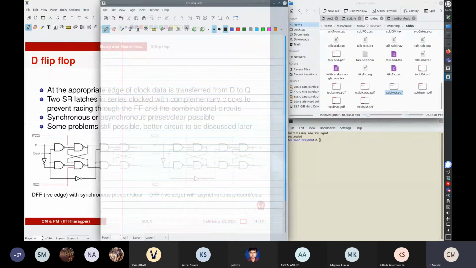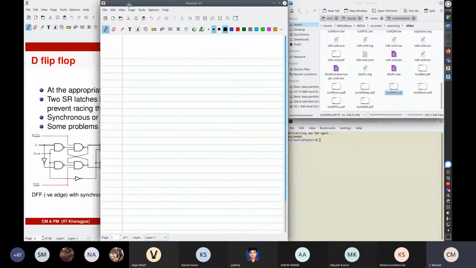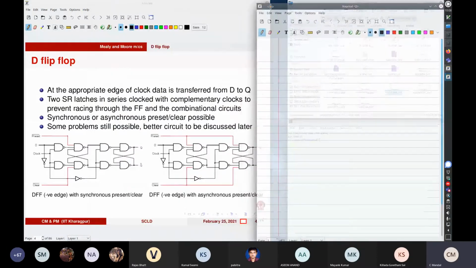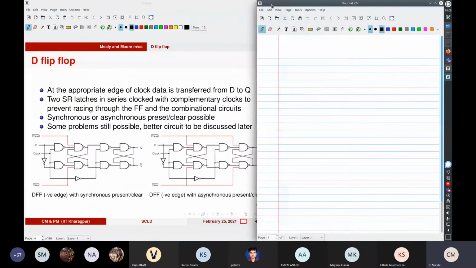All right. So last time we discussed Mealy machines and Moore machines. Very simply speaking, for Mealy machines, the output of the machine depends on both the present state and the input.